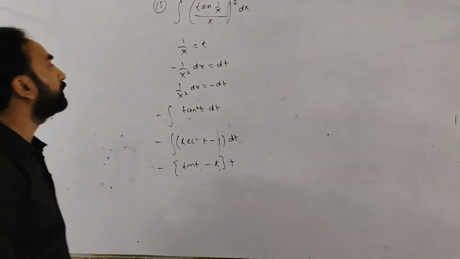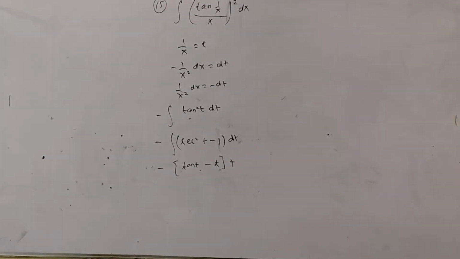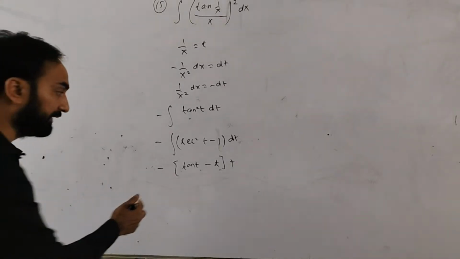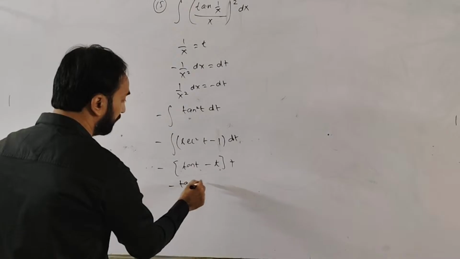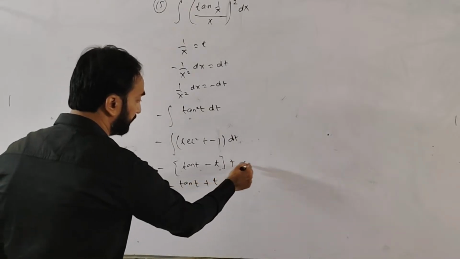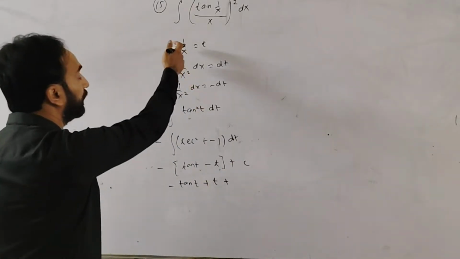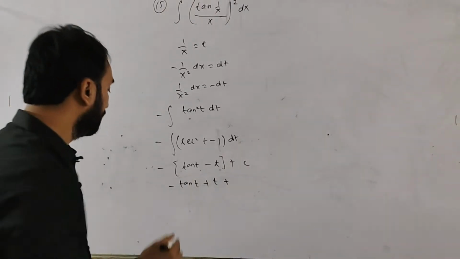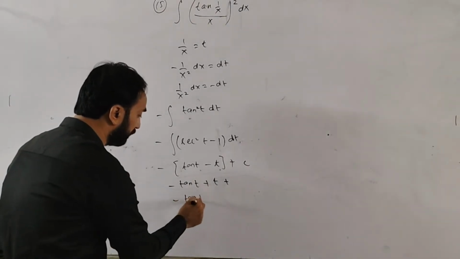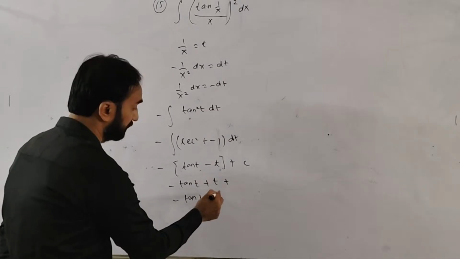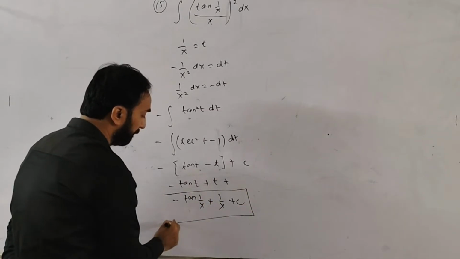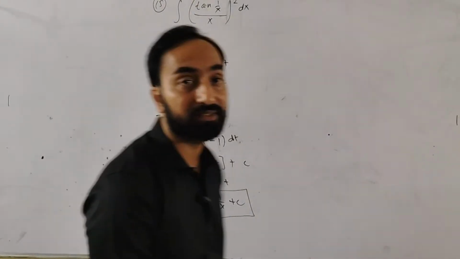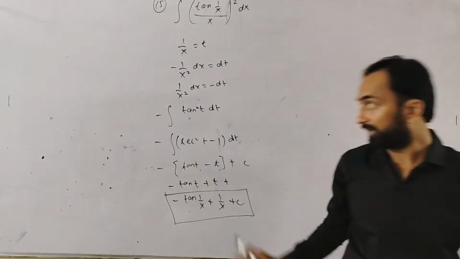Now the replacement of t: this can be written as minus tan 1 by x plus 1 by x plus c. So the final answer will be minus tan 1 by x plus 1 by x plus c, right?